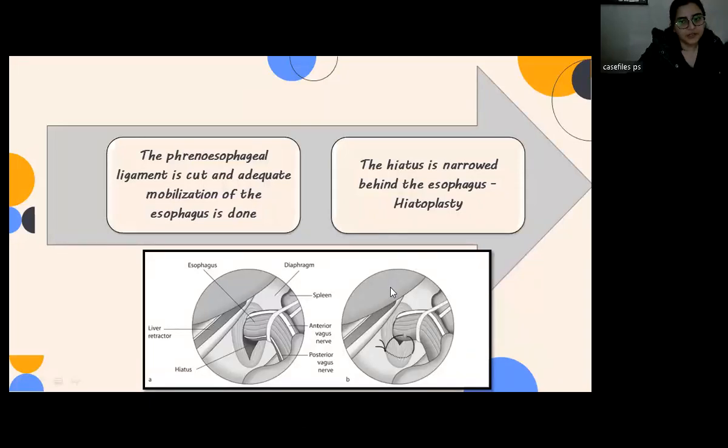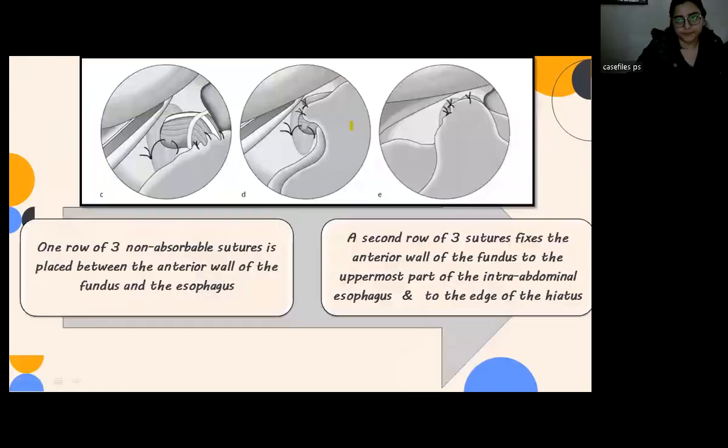In Thal's fundoplication, initially we begin with the esophageal ligament, which is cut, and again adequate mobilization of the esophagus is done. Now the next step is to do narrowing of the hiatus behind the esophagus, that is the hiatoplasty. After this, one row of 3 non-absorbable sutures is placed between the anterior wall of the fundus and the esophagus.